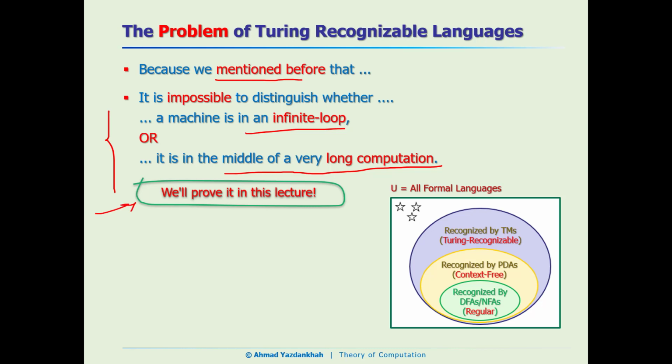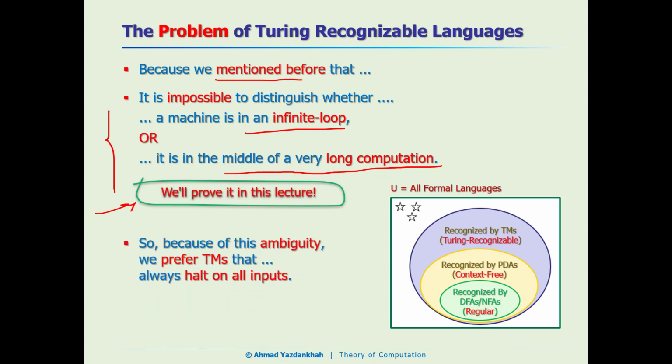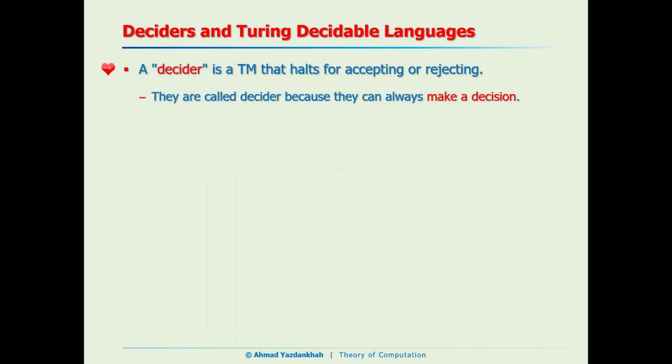All right. So because of this ambiguity that could happen, we prefer Turing machines that always halt on all inputs. So if this is the case, then we need to separate these Turing machines. How? We define a new group of Turing machines and we call them deciders.